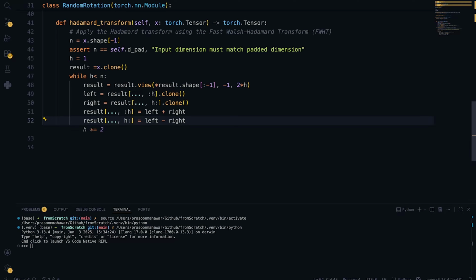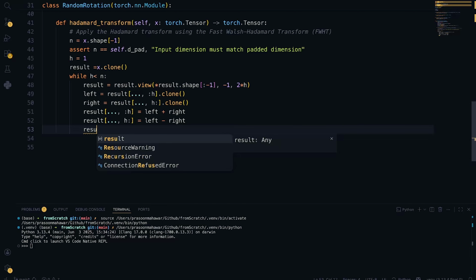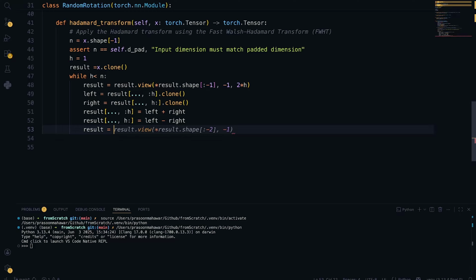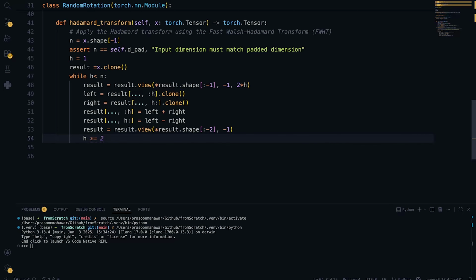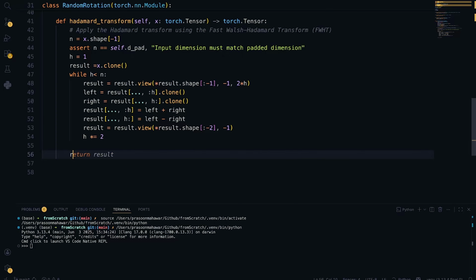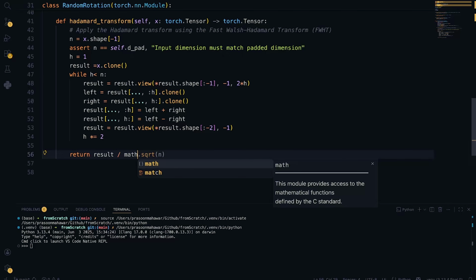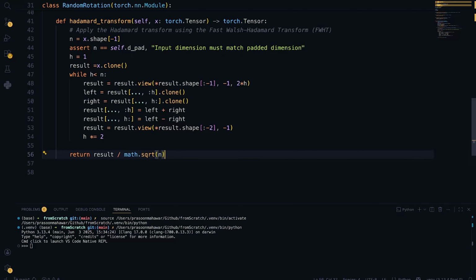And the final result will be result.view of star of result.shape, comma 2, fine, and finally h times equal to 2, and we return result divided by math.sqrt of n.